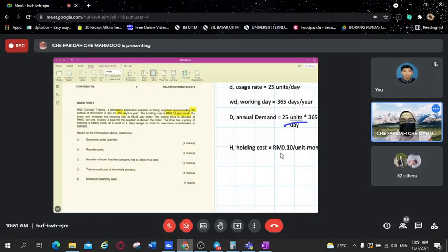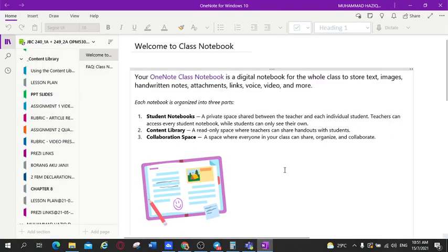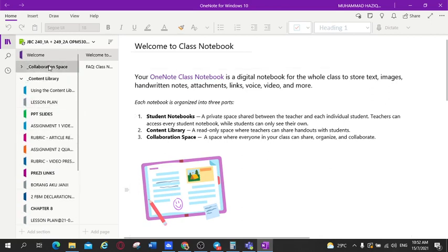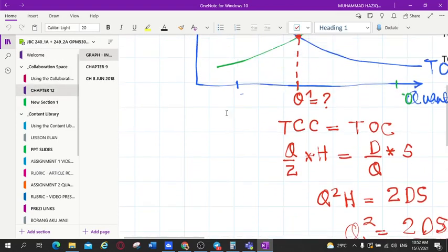Ni 3 days, lead time 3 days. Okay, this one 2 days. Times dengan usage rate, dengan d. d kita berapa tadi? 25 units per day.